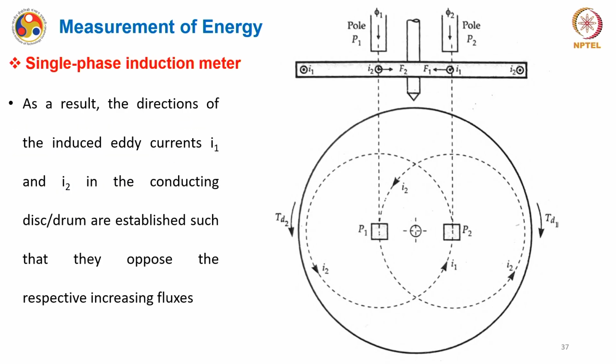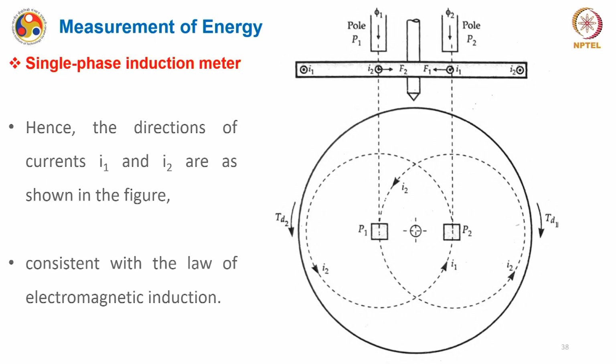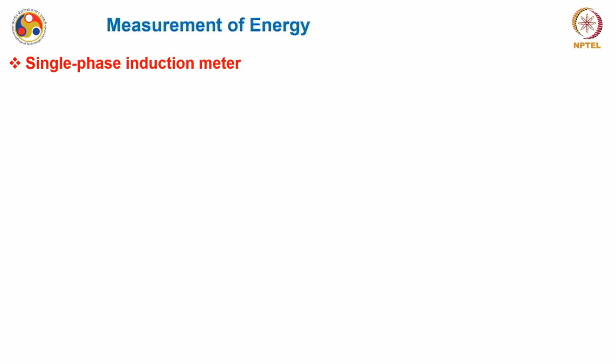As a result, the directions of the induced eddy current I1 and the current I2 in the conducting disc are established such that they oppose the respective increase in the fluxes. And this is very important for the movement of the disc. So the directions of current I1 and I2 are as shown in the figure that you can see, and this is consistent with the law of electromagnetic induction.